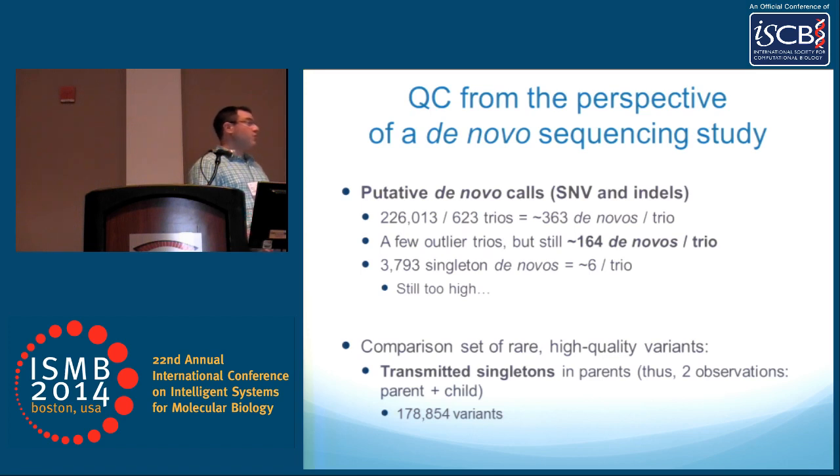So in those 2,400 chromosomes, if there's a variant that's observed in exactly one of those parents and transmitted to a child, that's sort of an intrinsic validation. So we used these transmitted singletons, observed twice in our data but only once in the founders and the parents, and used these 180,000 variants as the positive controls of what we expect higher quality variants to look like, and compared those to what these putative de novo calls look like.